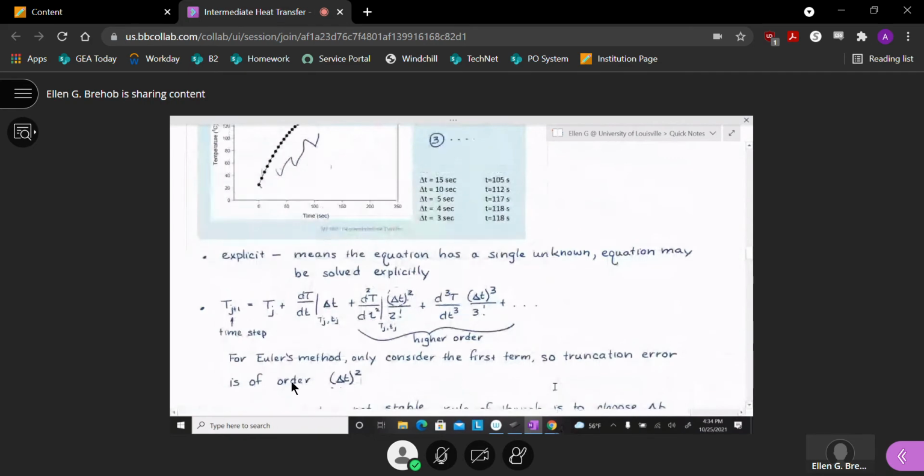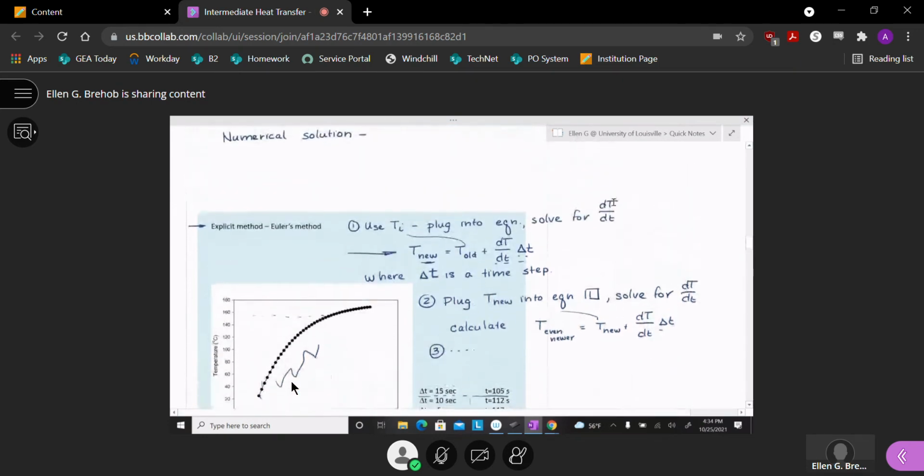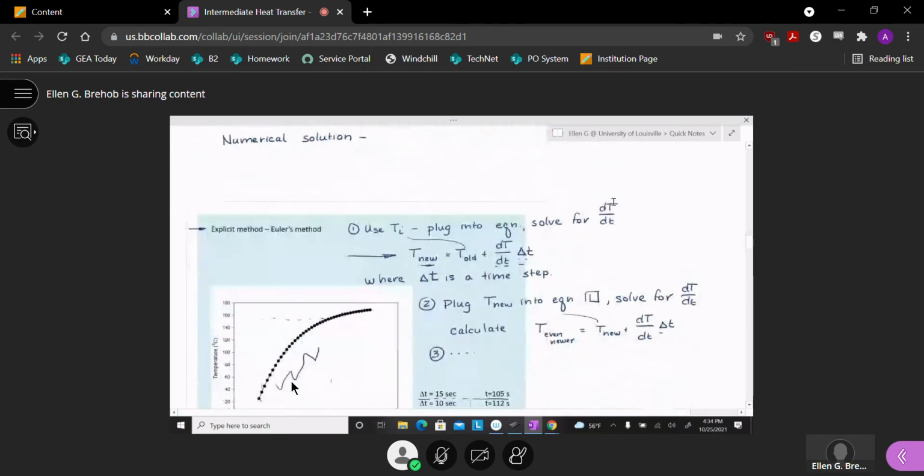Okay, so I'm finally going back to this graph. I picked a delta T of 15 seconds, so a time step of 15 seconds, and I had to keep stepping through my equation, calculating a new temperature with time gradient, calculating a new temperature for the plate, plugging it back into that energy balance equation, keep stepping through.